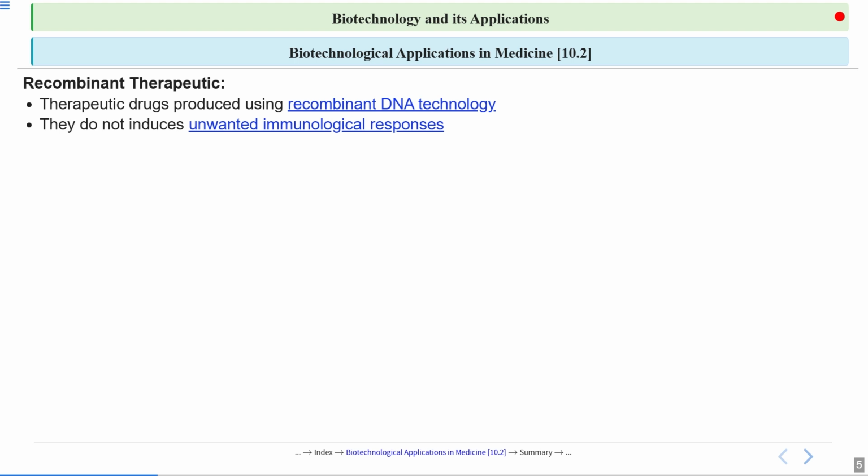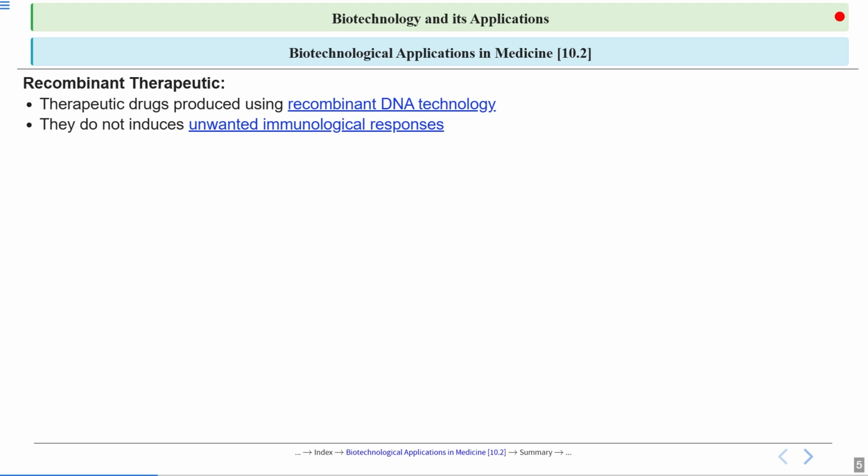For example, as I was saying, initially patients with diabetes used to get their insulin extracted from slaughtered pigs or cattle. But this insulin, which we get from some other organism, can act as a foreign particle in the body.